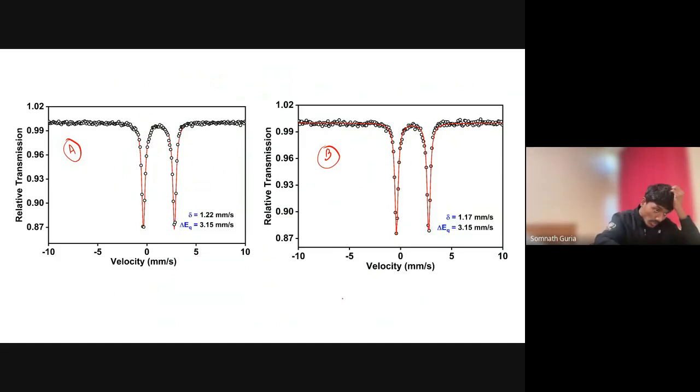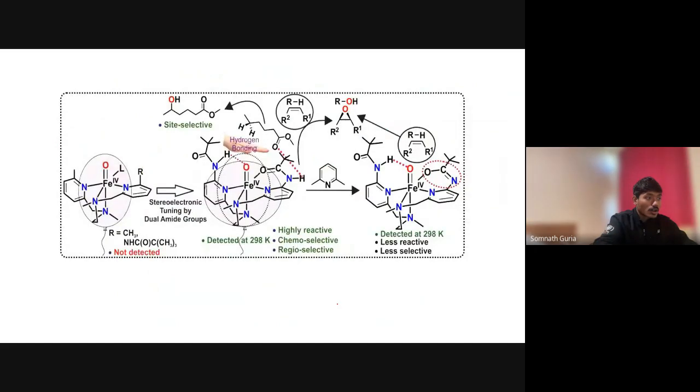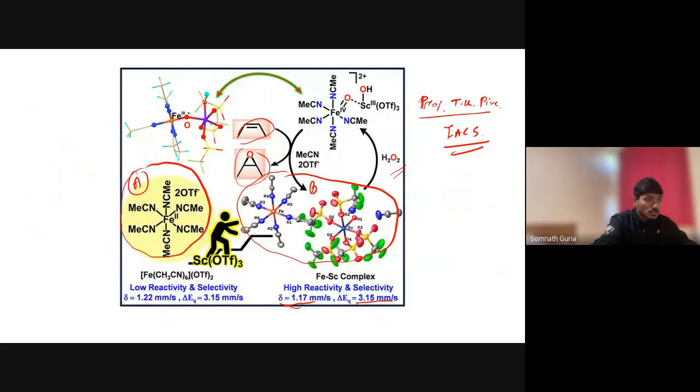Here this iron oxide species is actually coordinated with the scandium.